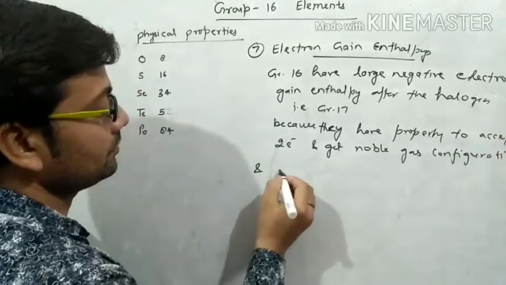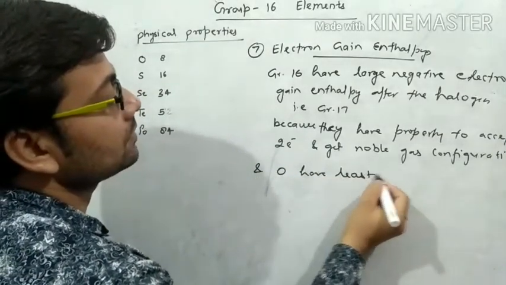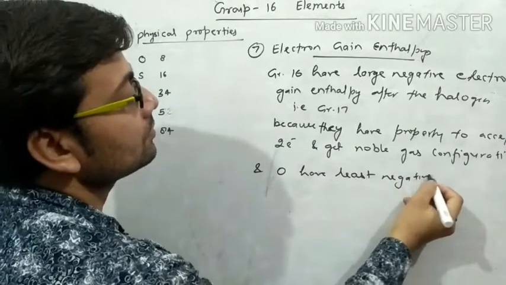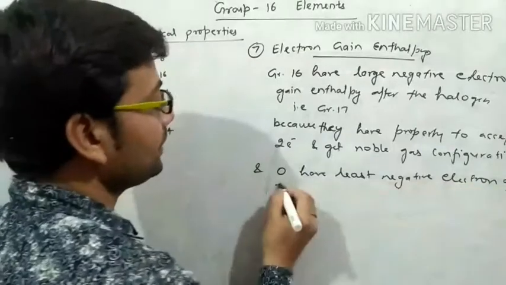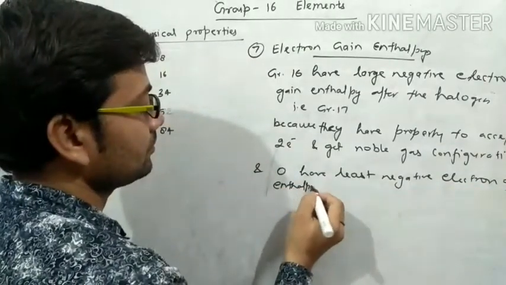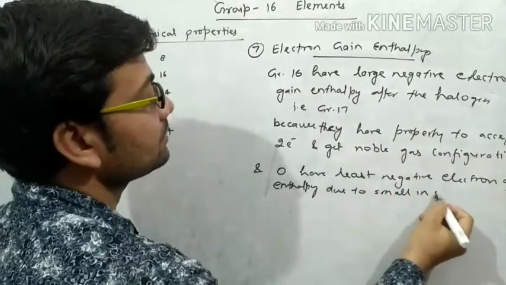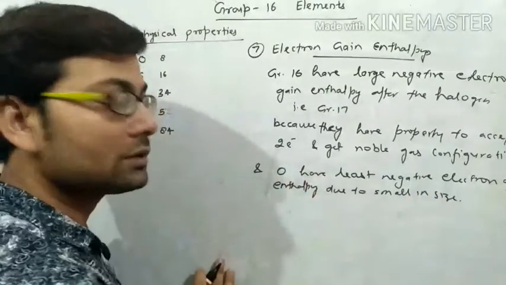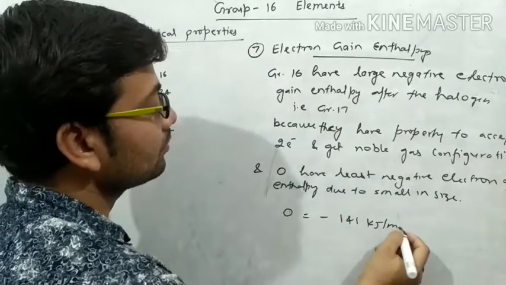And oxygen has the least negative electron gain enthalpy due to its small size, and the value for oxygen is minus 141 kilojoule per mole.